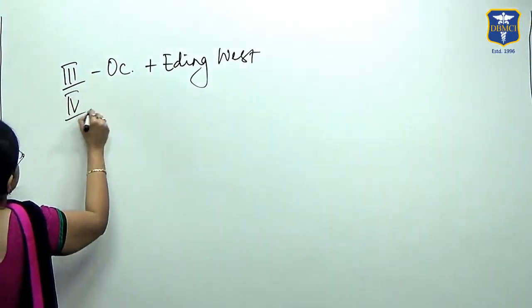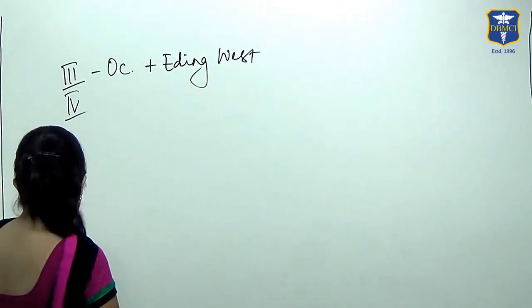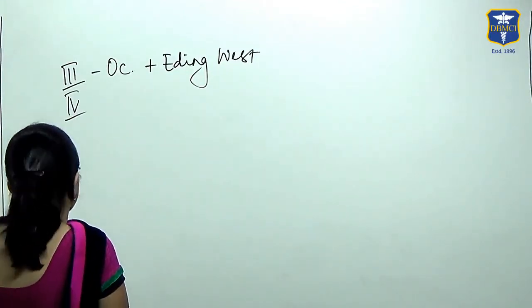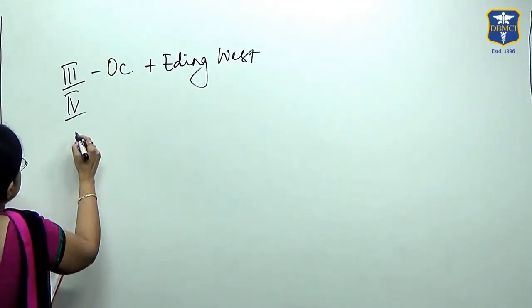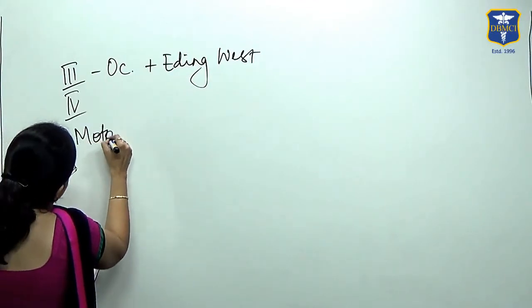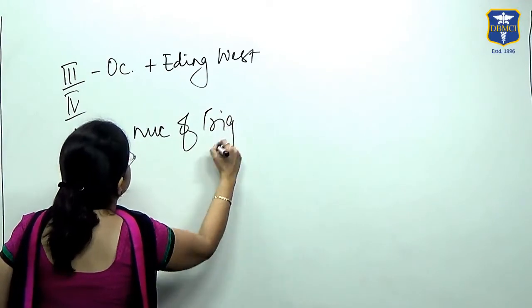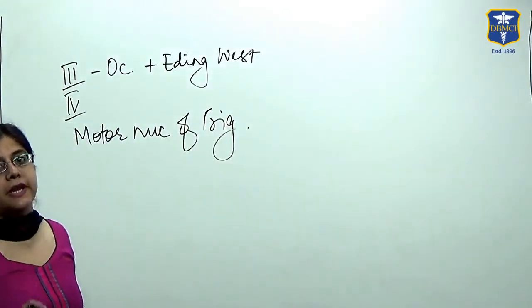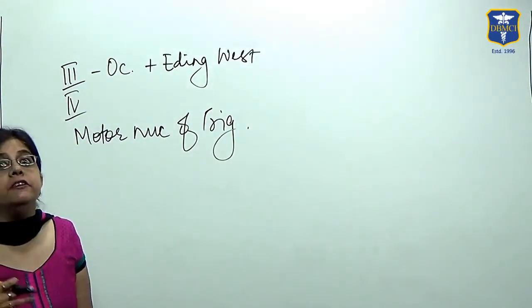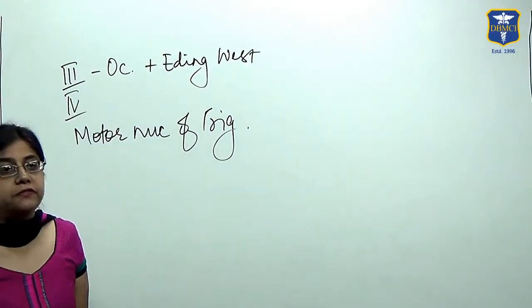It will give rise to the fourth nerve nucleus, which is trochlear. Then motor nucleus of trigeminal. Basically, it has to give rise to those cranial nerve nuclei which have efferent fibers, motor fibers.